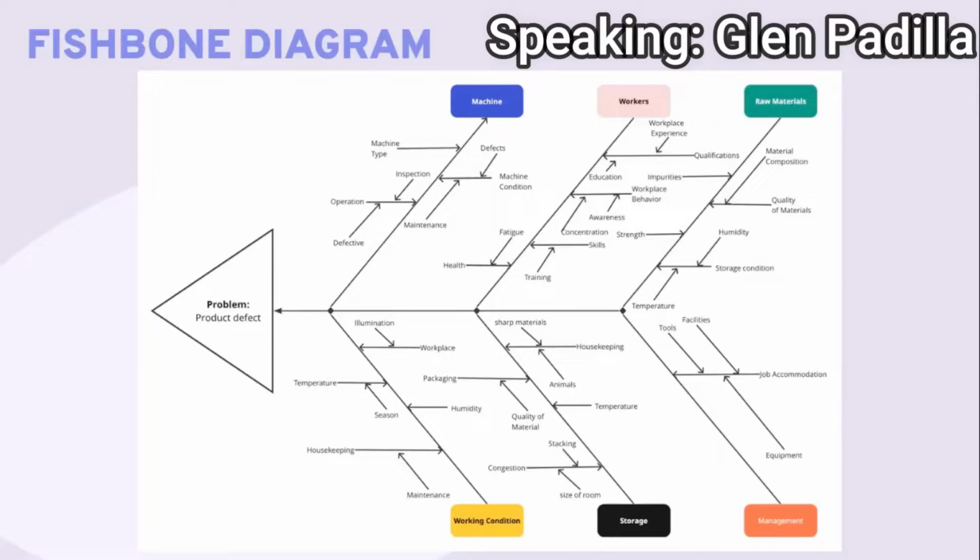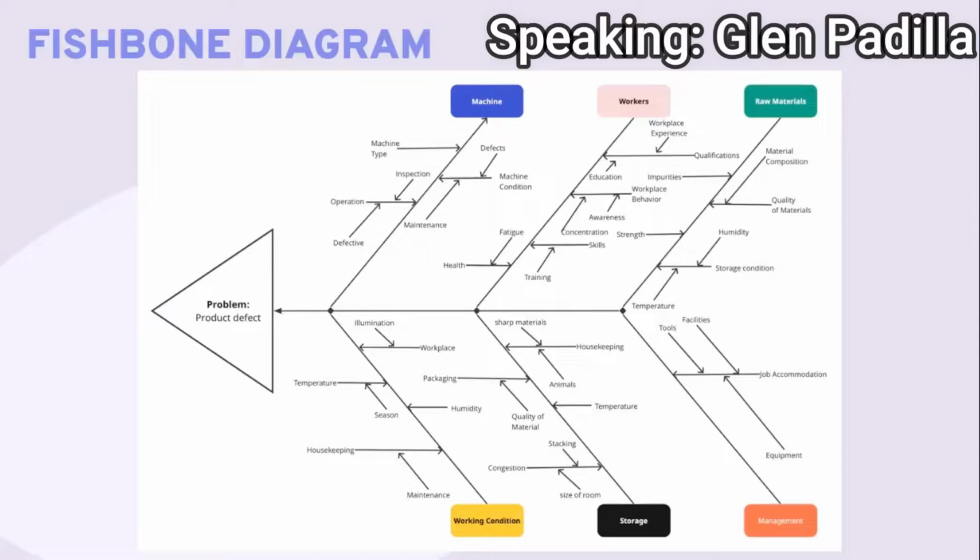For workers, poor qualifications, workplace behavior, skills, and health can cause defects to the product. Poor qualifications are caused by workers having not enough working experience, and also when they do not receive the right education, especially in the operation of the equipment and inspection of the product.